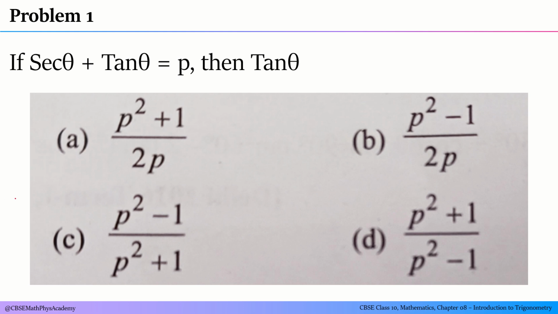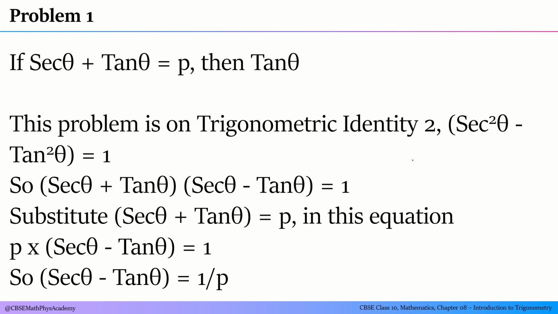When you look at this, if you have checked video 10 properly, you will understand this is related to trigonometric identity 2, which says that sec square theta minus tan square theta is equal to 1. You can treat sec square theta minus tan square theta as a square minus b square, which is equal to a plus b into a minus b.